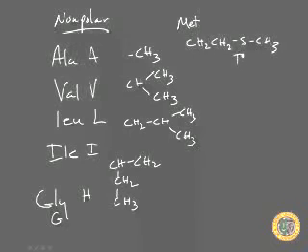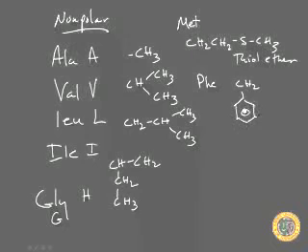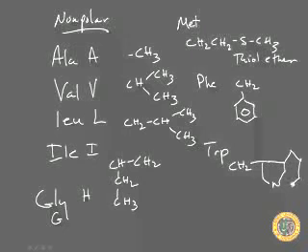Additionally, we have methionine, which has a thiol ether side chain. Phenylalanine contains a phenol moiety or phenol group. Tryptophan, one of the largest side chains of the amino acids, has an indole group, and proline has what's referred to as a cyclic pyrrolidine.